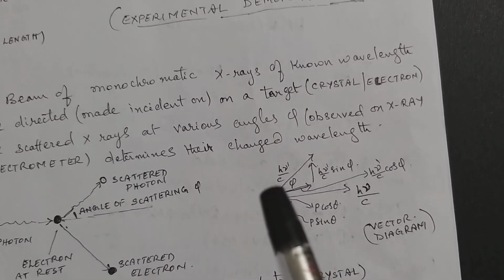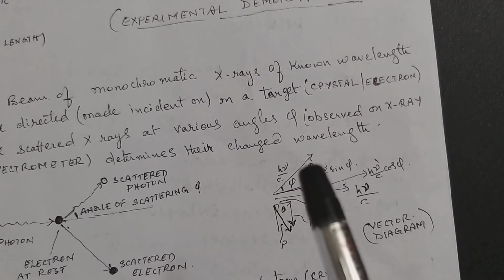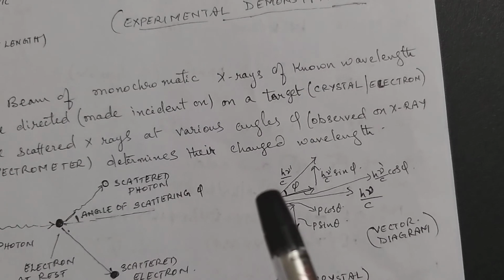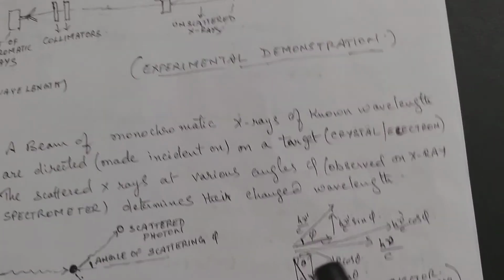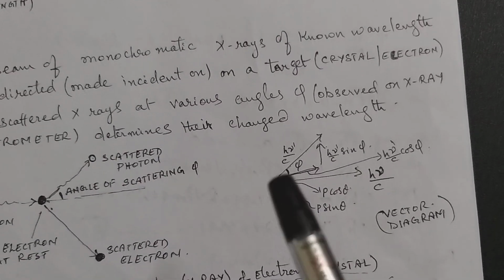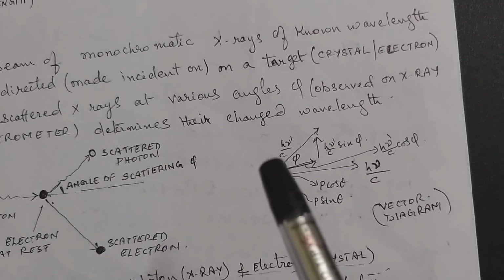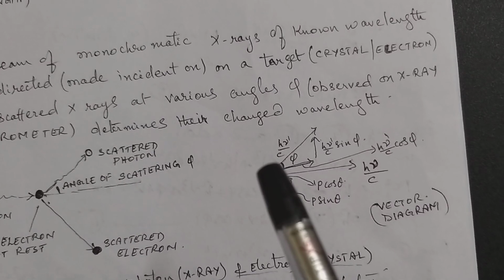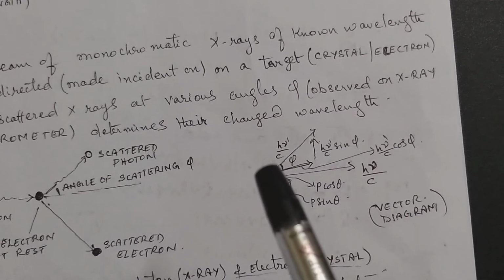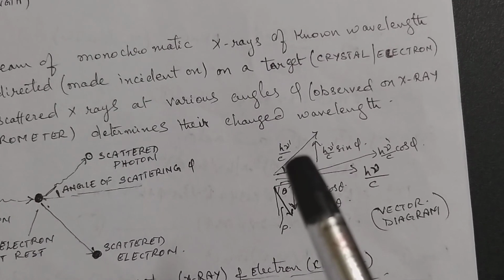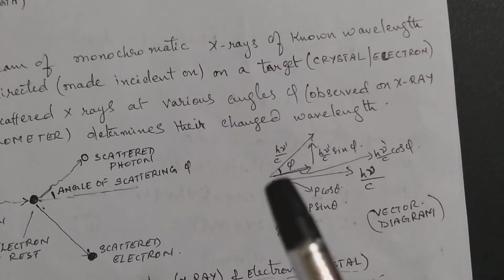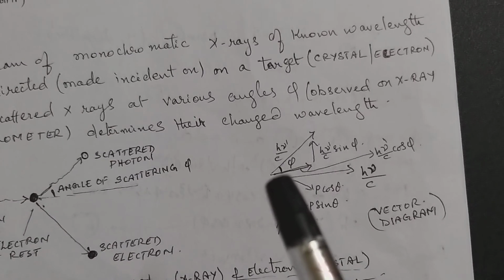Here the photon has no mass but energy h nu dashed. Energy is also equal to mc square. So mc into c, mc is nothing but mass into velocity, so mc being momentum and c being the velocity of light with which the photon travels.